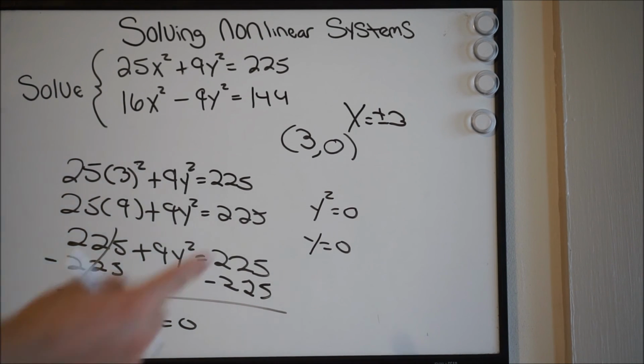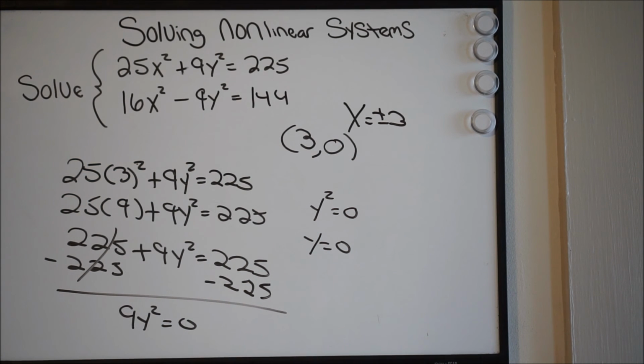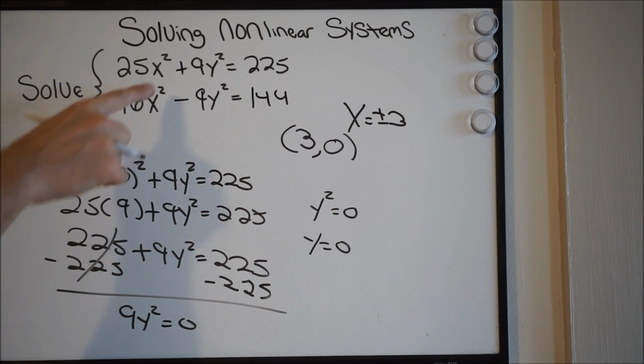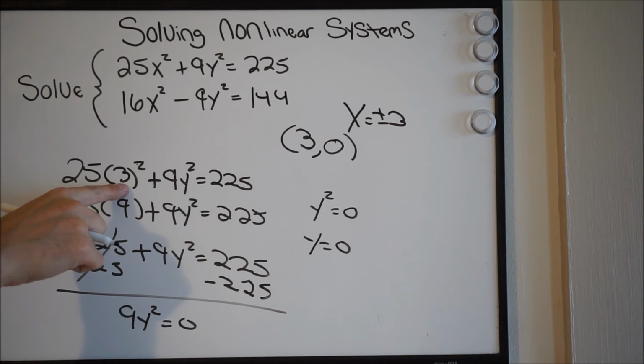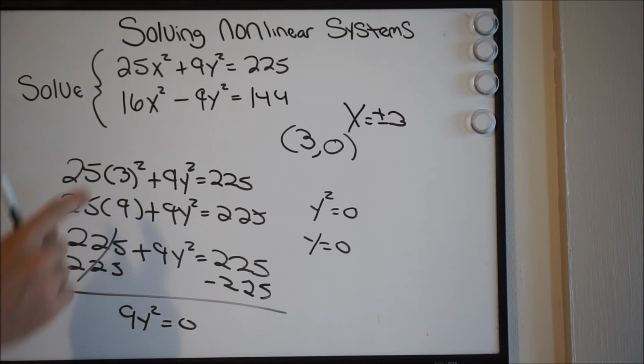Now let's do it for negative 3. We're going to do the same thing now for negative 3. Think about this: if I take a negative 3 and plug it back in where I had this 3, here's my x, is anything going to change? Anything, whether positive or negative, when it's squared, will always be positive. So if I put a negative 3 here and square it, it's still going to give me 9.